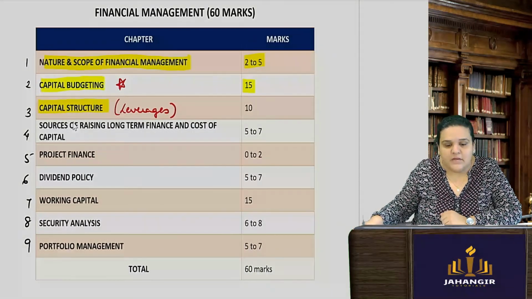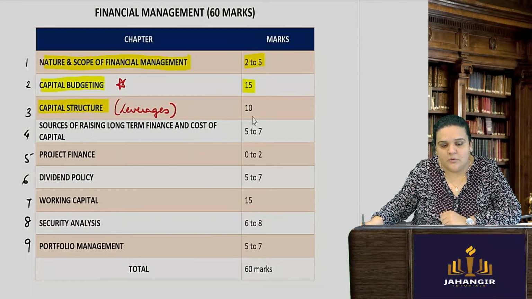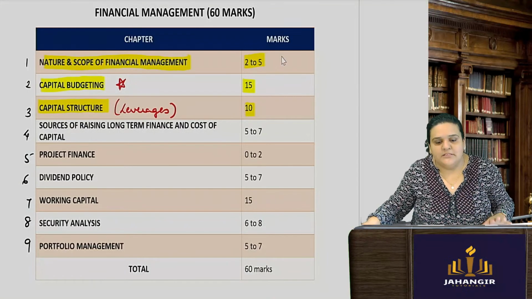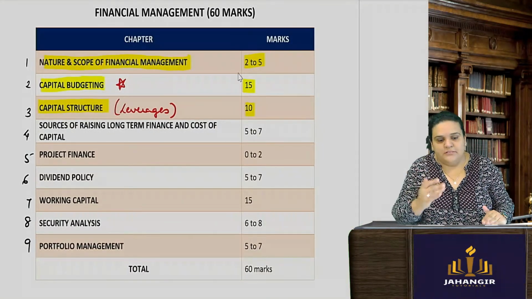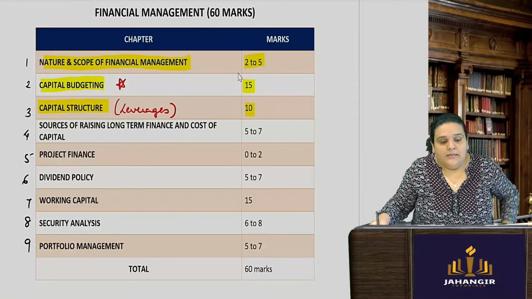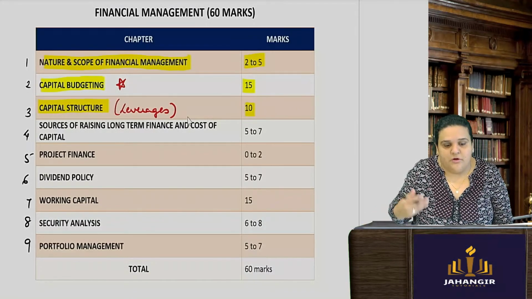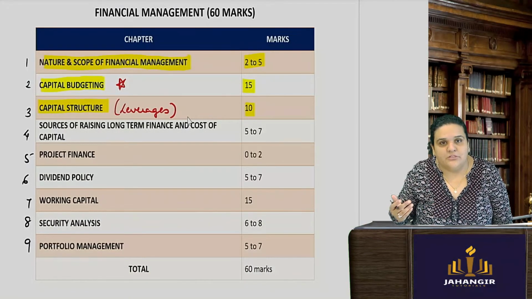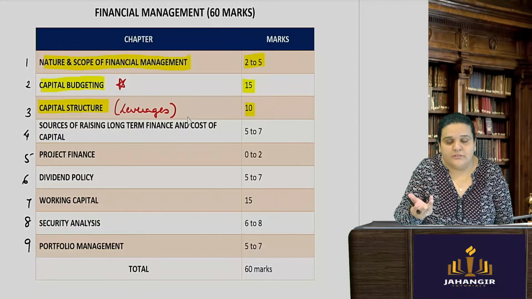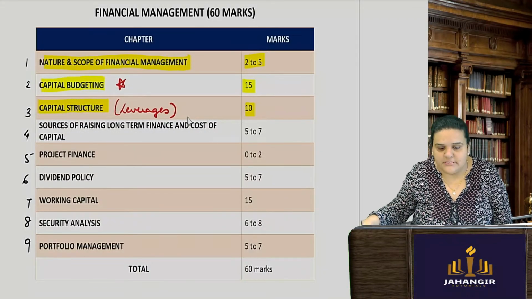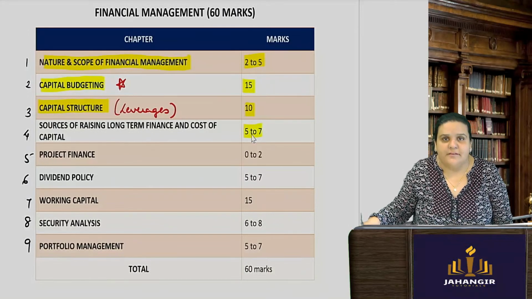So this comes for a good 10 marks. So here only your 25 marks plus this 5, 30 marks is done in your first 3. Next is the sources of raising your long-term finance and cost of capital, cost of equity, cost of preference, cost of debentures. That is again a good 5 to 7 marks.